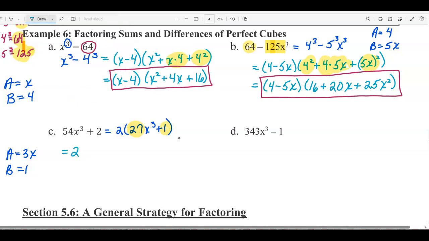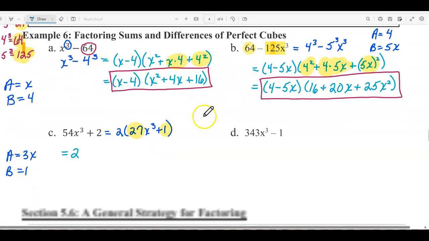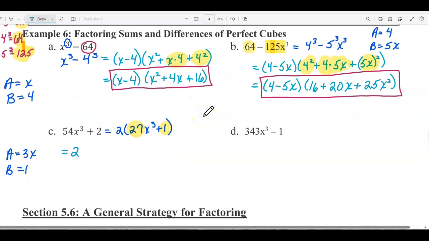And now I'm going to go into the formula I'm using with the plus, which is a plus b times a squared minus ab plus b squared. So using my a and b here, I get 3x plus 1. Now again, when you have to square something, the whole entire unit goes in parentheses. The 3x gets squared, wrap it in parentheses, minus 3x times 1, or you can use parentheses, plus 1 squared.